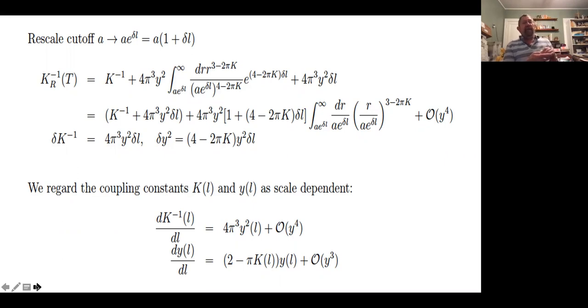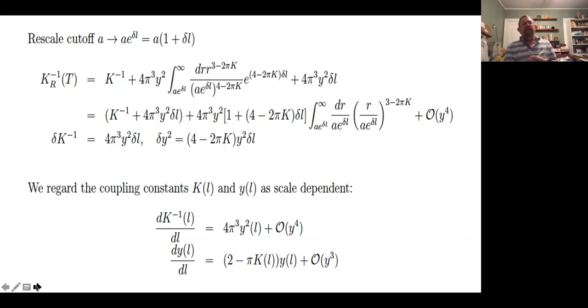Now, the next bit of the renormalization trick is to regard the system as a set of interacting vortices with fugacity y, and so we regard the coupling constants k and y as functions of the scale parameter L. These statements are equivalent to this pair of differential equations: for the inverse of k, dk to the minus 1 dL is just equal to 4 pi cubed y squared plus corrections of order y to the fourth, which we don't calculate.